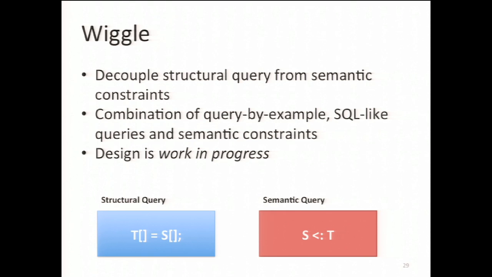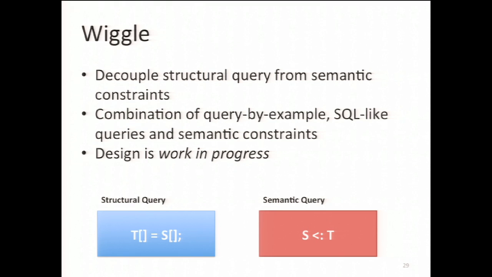I think for almost every query we came up with, you had the ability to say, I want to match this kind of source construct, and I want to bind variables to different elements in that source construct. And then I also want to do semantic filtering over those variables. And this is work in progress.